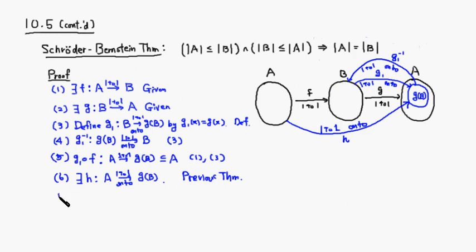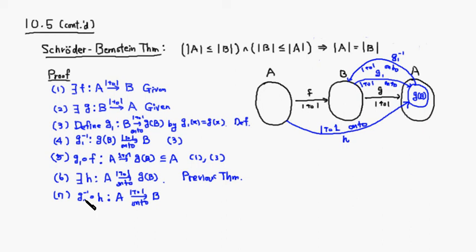This is line 7. Therefore, h composed with g1 inverse is a bijective function from A to B.